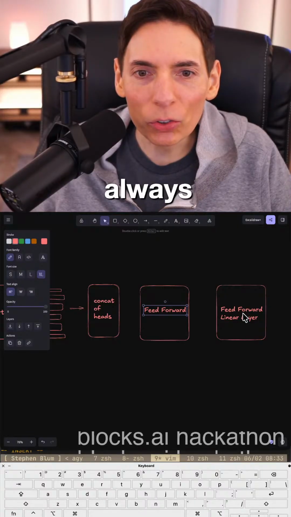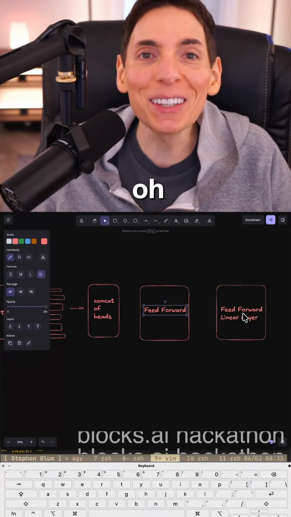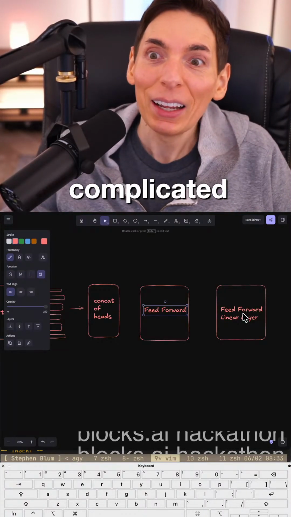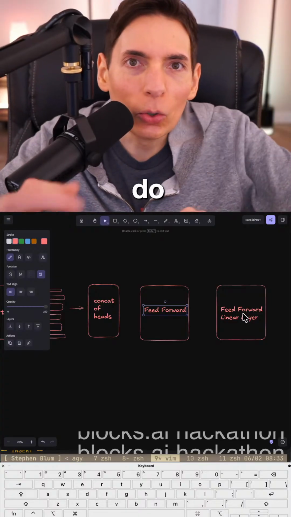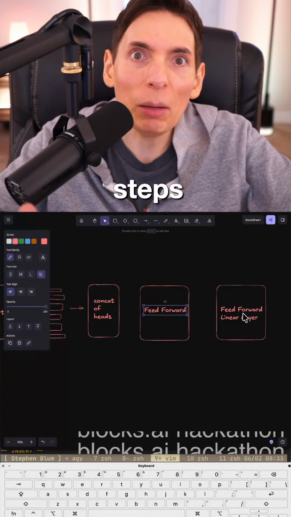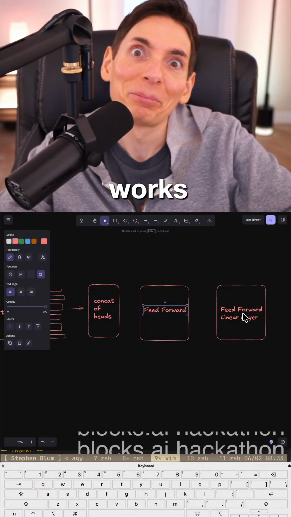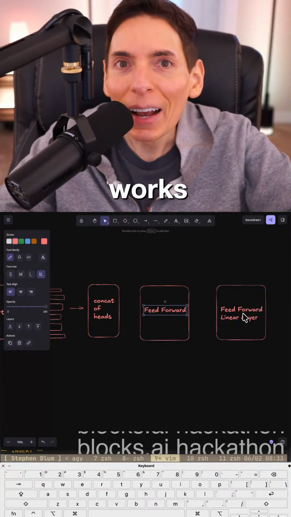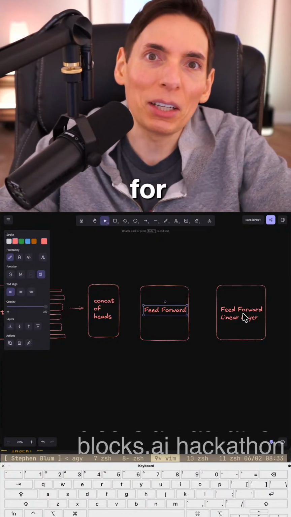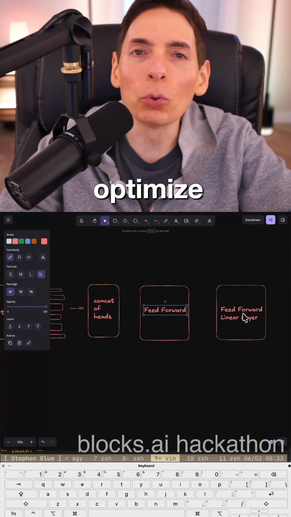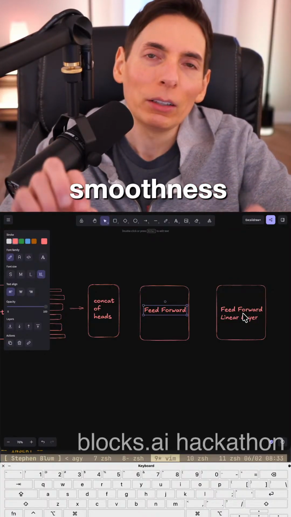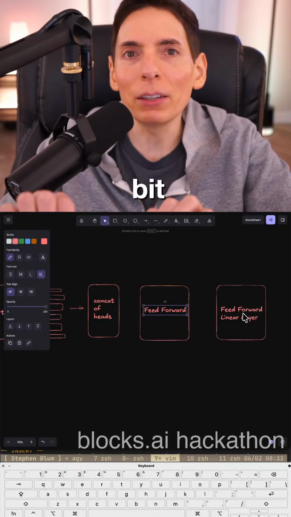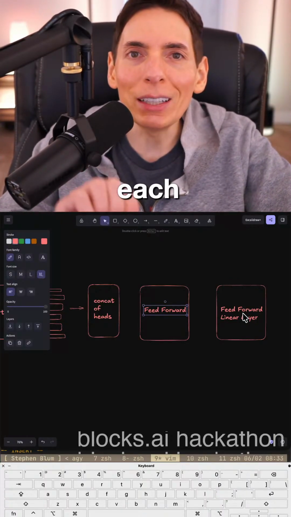I always did it way too complicated and gave up. Oh, you did? It is pretty complicated. And the good news is you can do what I did, where I simplified some of the steps and it still works. AI algorithms are surprisingly forgiving. You want to optimize for smoothness. You only have a finite number of bits for each of your parameters when training.